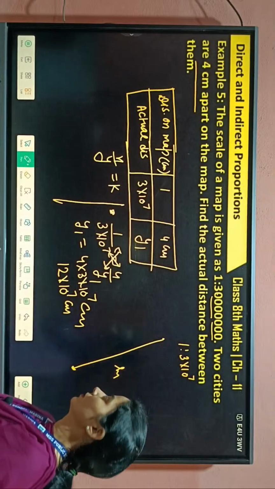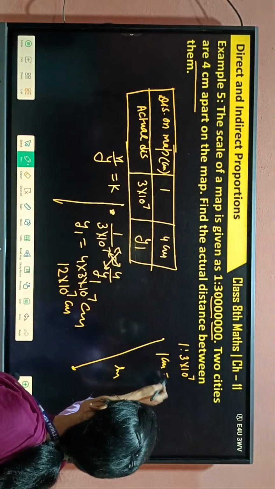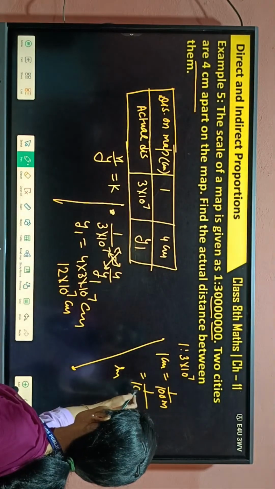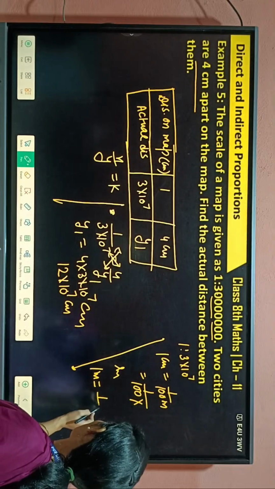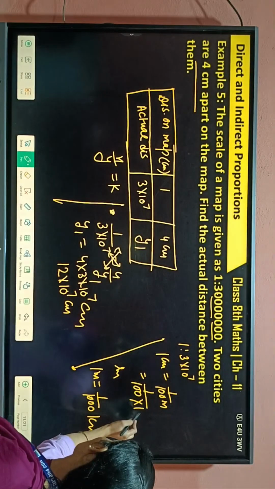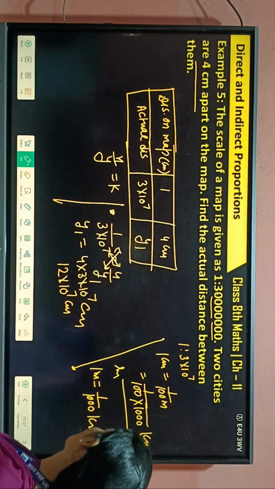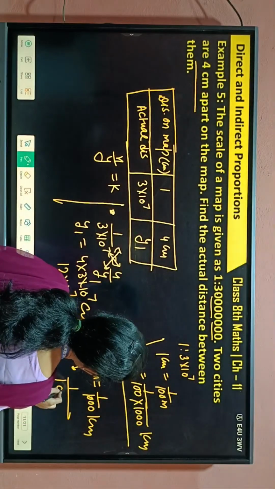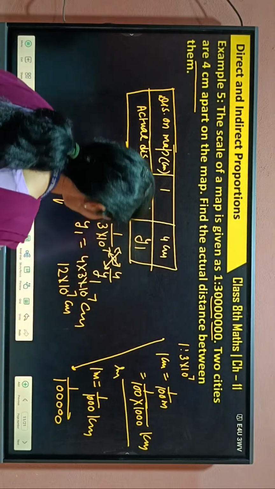Now convert this centimeter into kilometer. 1 centimeter is equal to 1 by 100 meter. Now 1 meter equals 1 by 1000 kilometer, so it will be multiplied by 1000. 1 centimeter is equal to 1 upon 1 lakh, right?